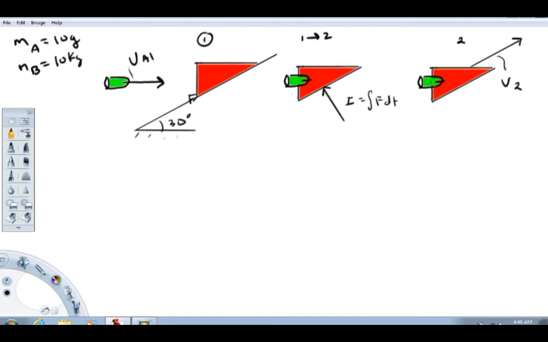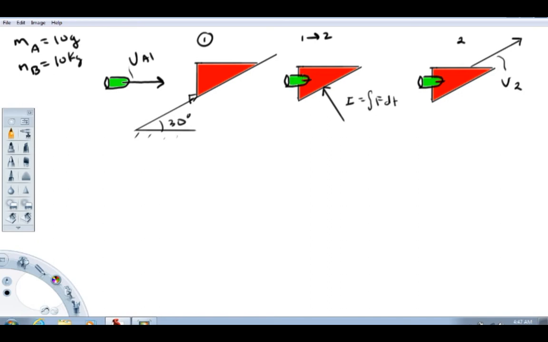Picture 2 is after the bullet is embedded into this block and the system is moving up to the right at some speed that we're going to call V2. And then 1 to 2 is the little thousandth of a second time frame while the bullet is actually embedding into the block.